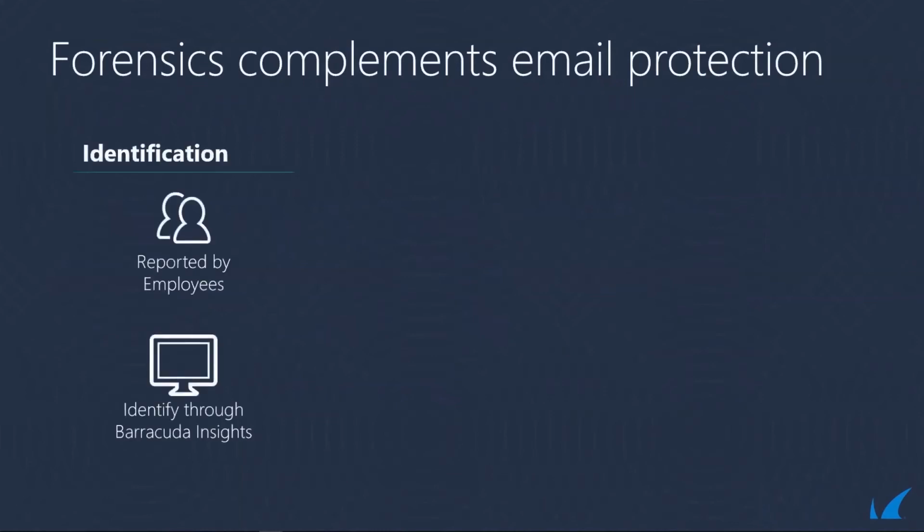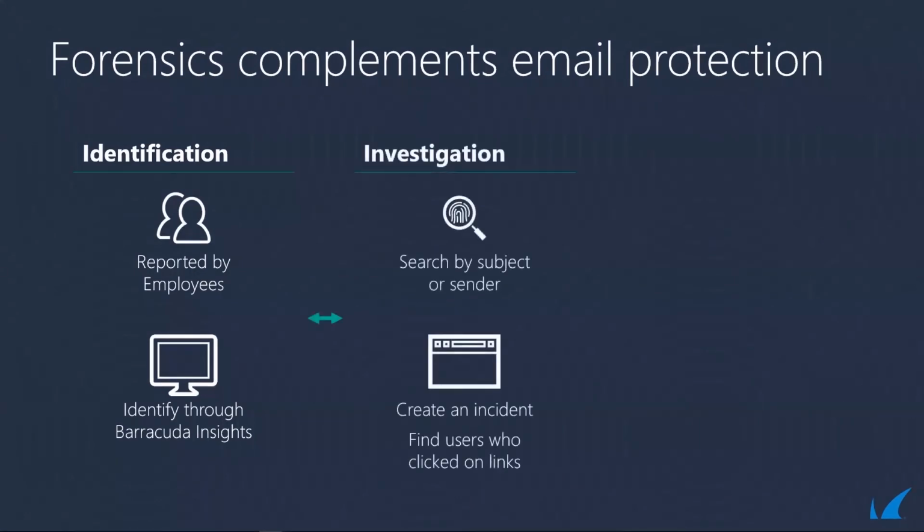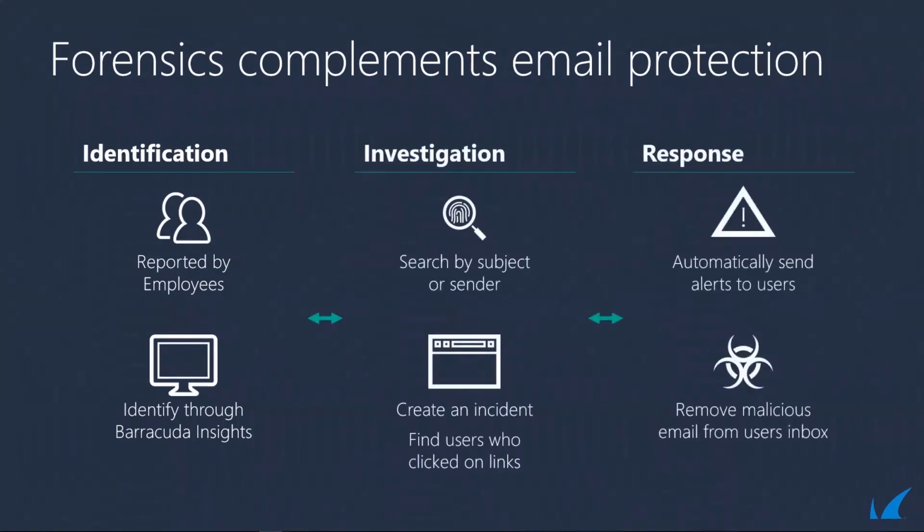So how can Barracuda Forensics and Incident Response help? Your users will continue to report incidents as they come in. In addition to that, you can also use insights from forensics and incident response to find anomalies in delivered email and speed up your own investigations.